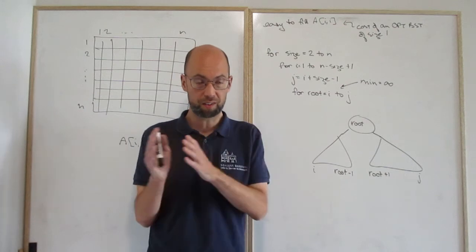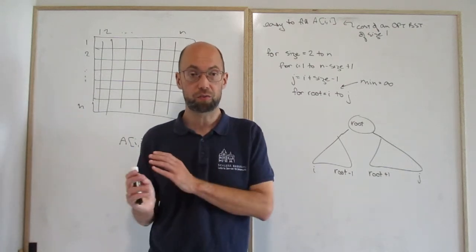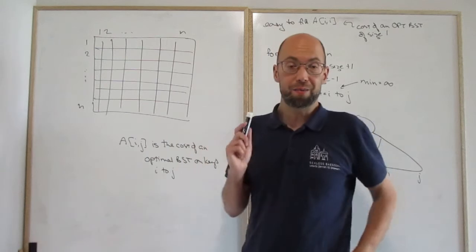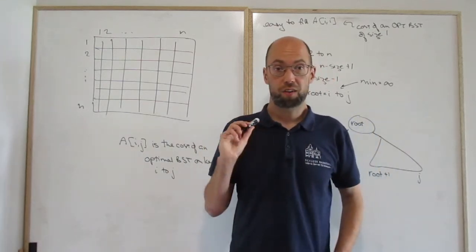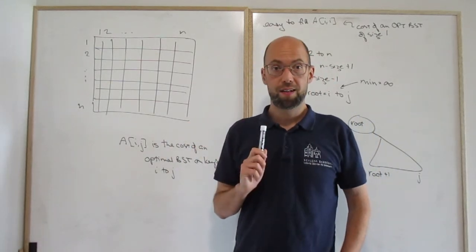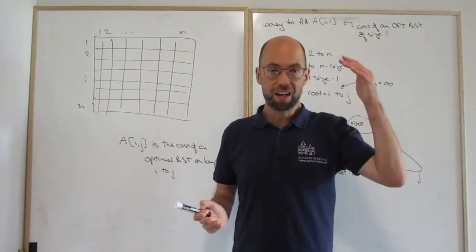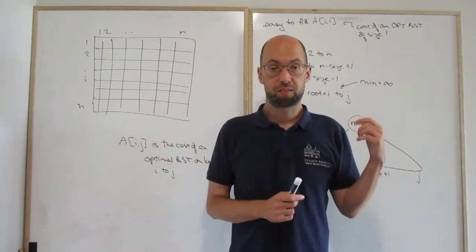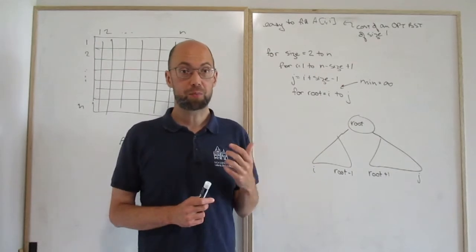Because you can choose each of the keys as root. So even though the matrix takes quadratic space, n by n, if you do this naively, you're going to spend cubic time.